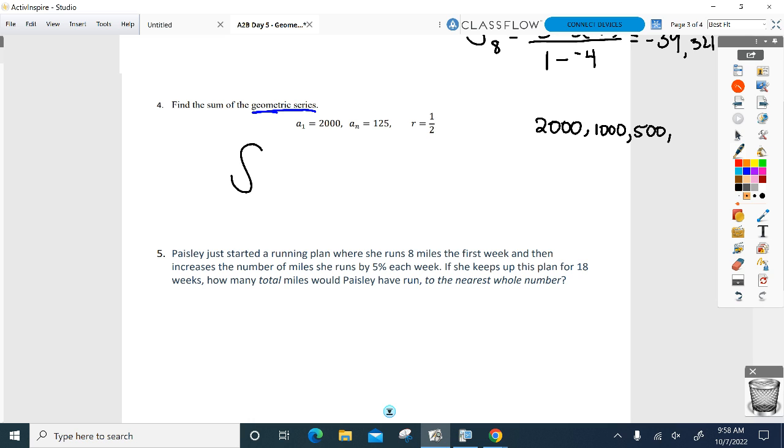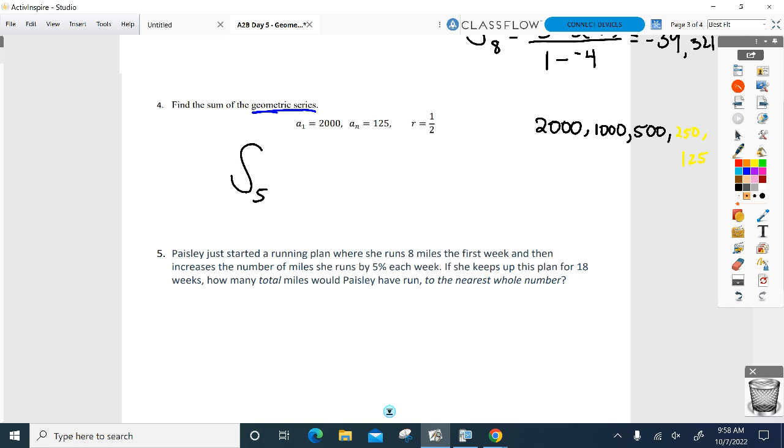So what's after 500? 250, and then after 250, there you go. That's now, Tim, how many terms am I adding up? 5 terms, okay? And I'll tell you why at the end of the problem.